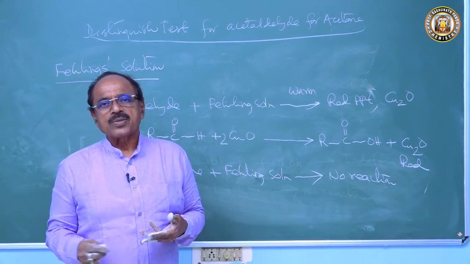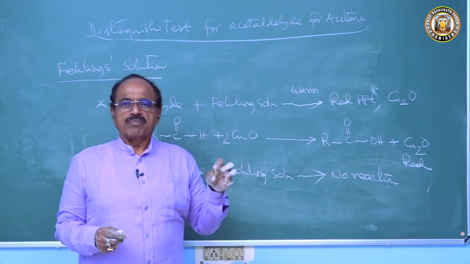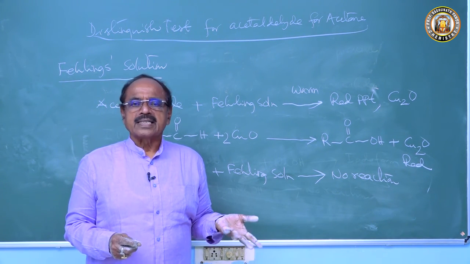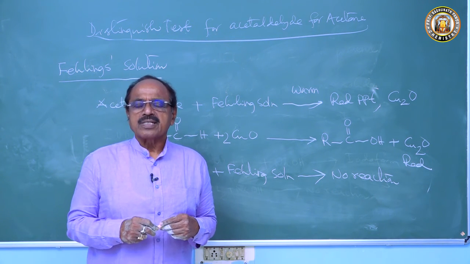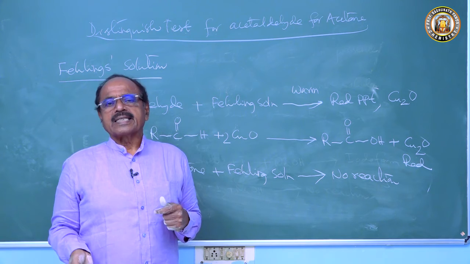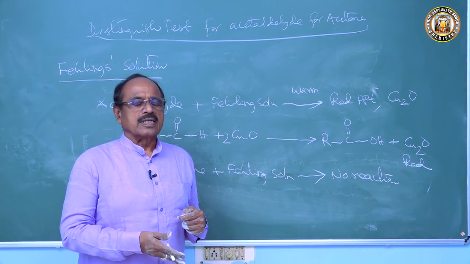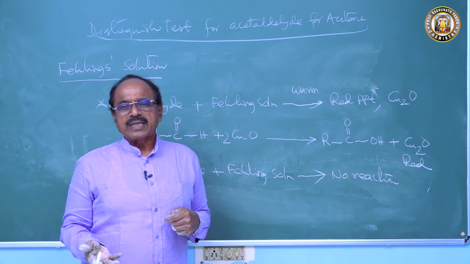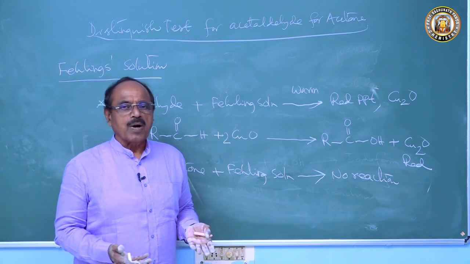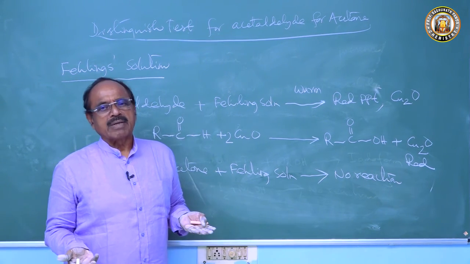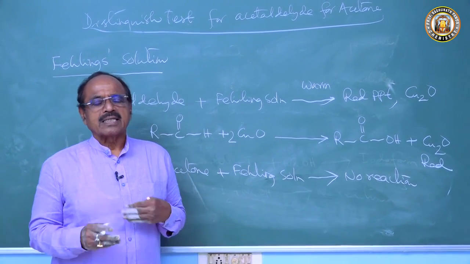Both aldehydes and ketones react with 2,4-dinitrophenylhydrazine to form a colored precipitate due to formation of the corresponding phenylhydrazone. Then when you treat any carbonyl compound with sodium bisulfite, it forms a white crystalline product, that is the bisulfite compound.